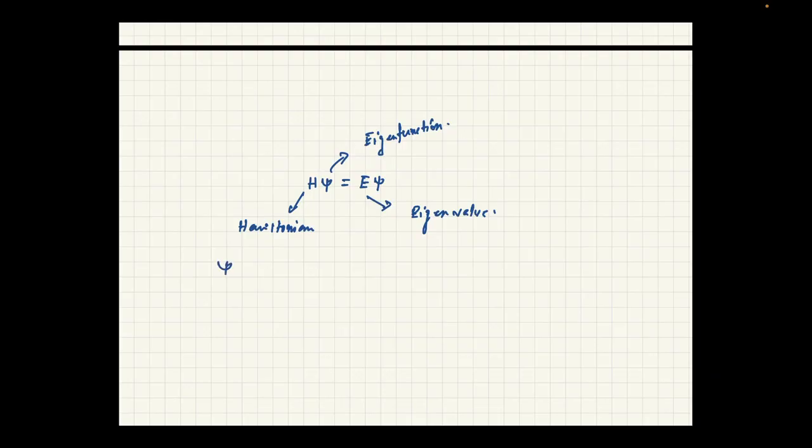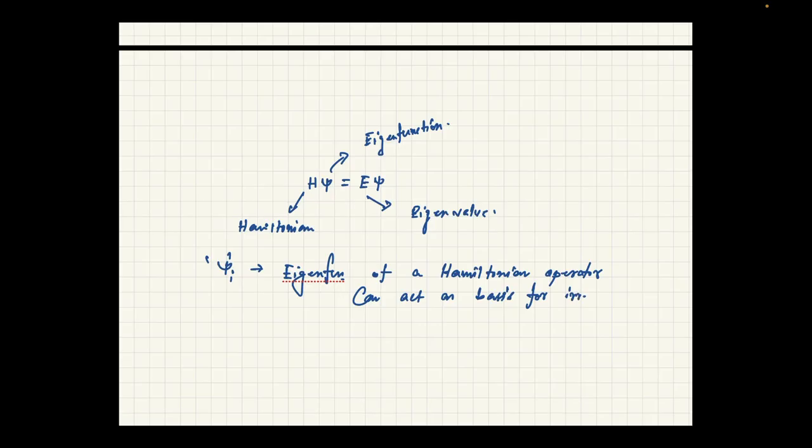So the main message is that psi i, that means the eigenfunctions of a Hamiltonian operator, can act as a basis for an irreducible representation.